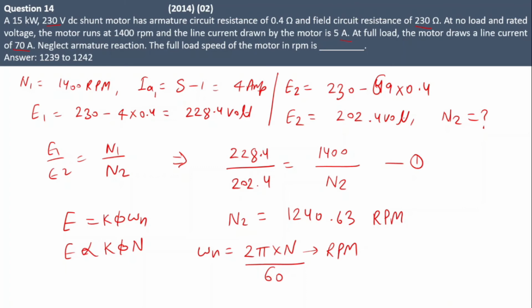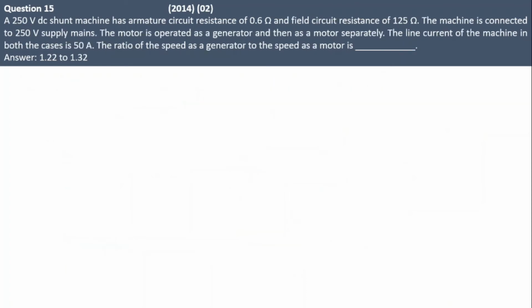So next, a 250 volt DC shunt machine has armature circuit resistance Ra 0.6 ohm, field resistance Rf equal to 125 ohm. The machine is connected to 250 volt supply. The machine is operated as a generator and as a motor separately.